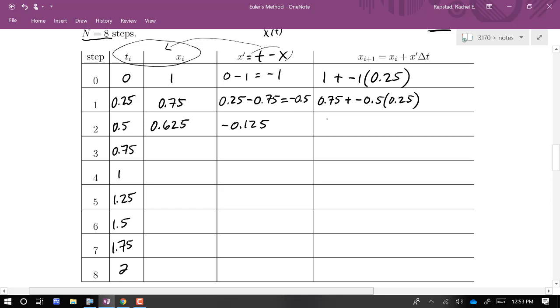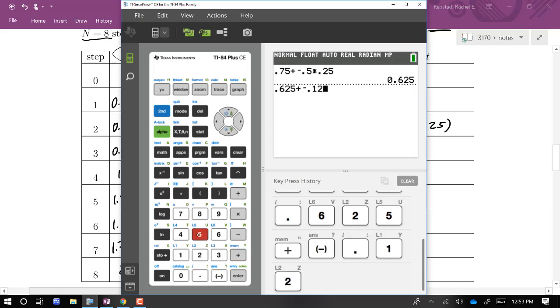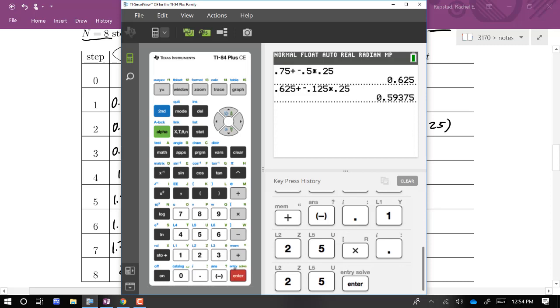And then we use this again, so we take current x, 0.625, plus x prime, negative 0.125, times delta t, and we get 0.59375.